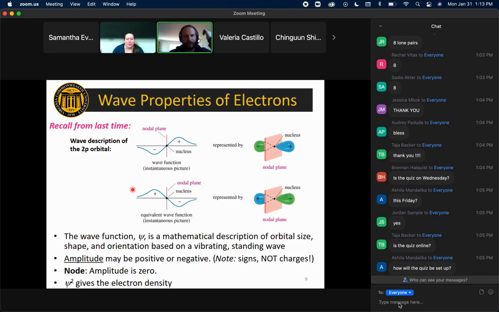In order to get the actual probability of where electron density is, you have to square this. So when I'm talking about probability and the electron density, I'm actually talking about psi squared, which, if you imagine squaring something that's negative, it'll end up positive. So that was a great question.